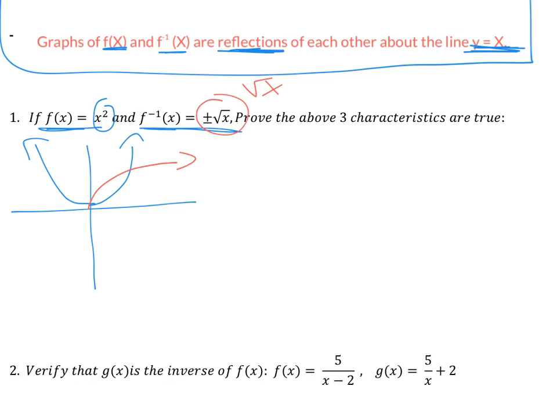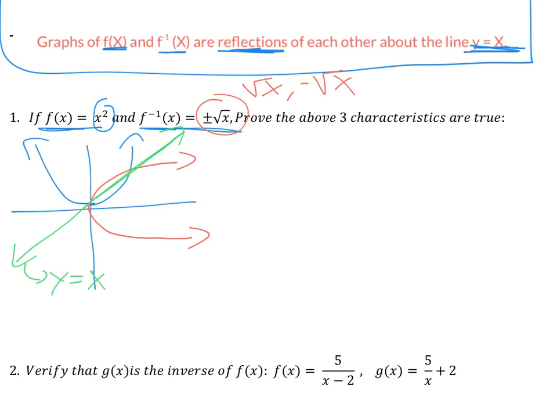And then if we also graph plus or minus the square root of x, the negative root x flips over the x-axis, so it's really just a sideways parabola. That's what the graph looks like. Now, in a different color, the line y equals x is this. Okay, this is the line y equals x.